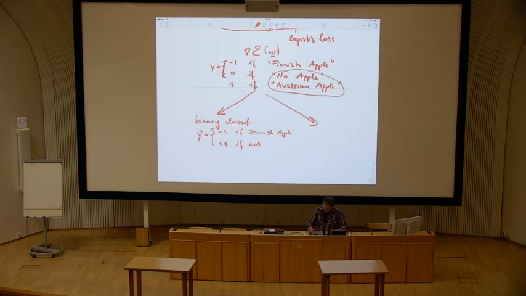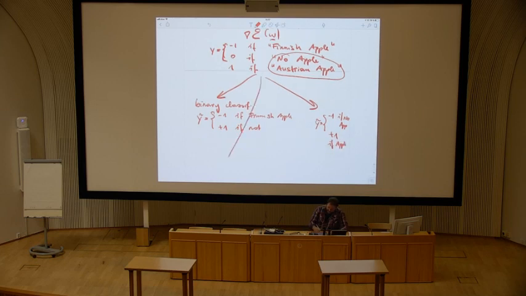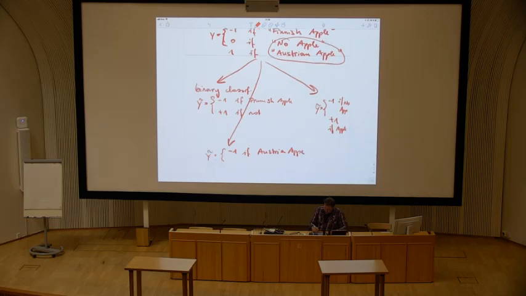Then there is another binary classification subproblem, which is -1 if no apple or +1 if apple, either Finnish or Austrian. And then there is a third binary classification subproblem, -1 if Austrian apple and +1 if not an Austrian apple, so no apple or Finnish apple.